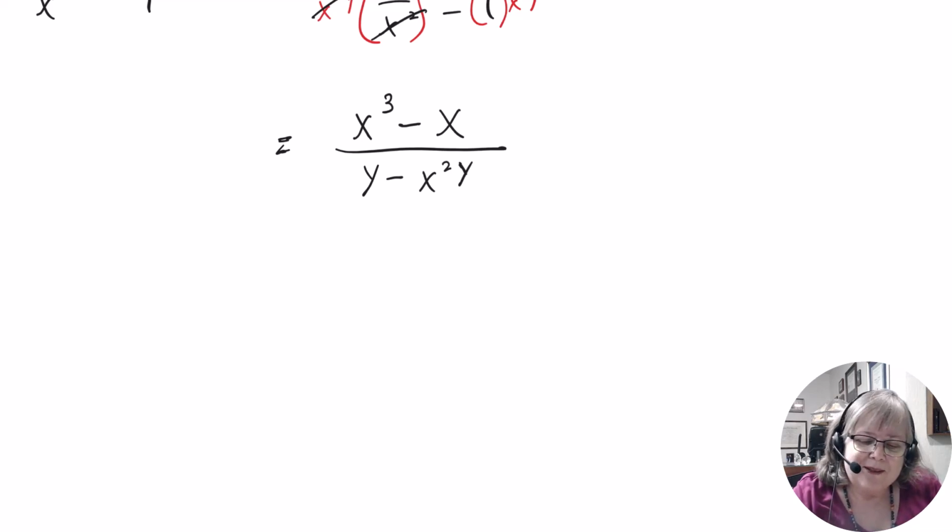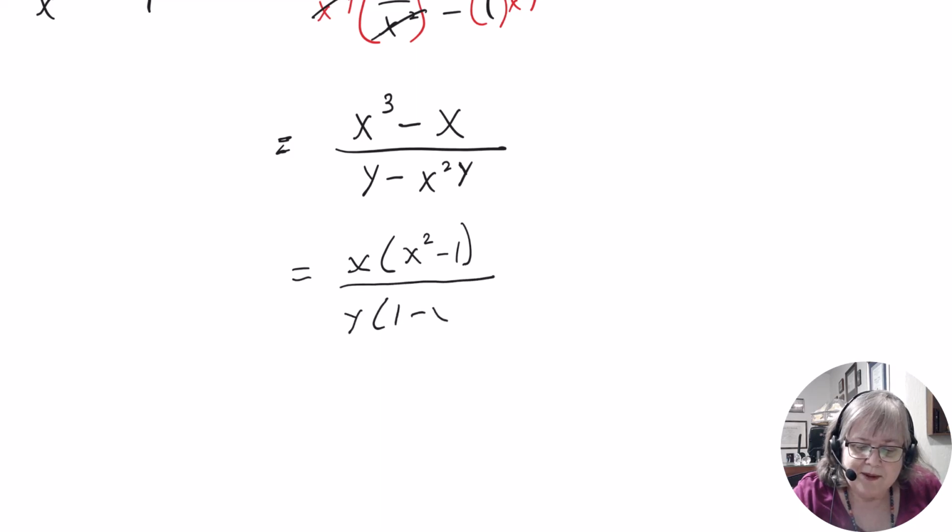Now, you look at this and go, there are some x's in common in the numerator. There's a y in common in the denominator. I better take another look at this. So let's see. X could factor out of the top, and that would be x squared minus 1. And y could factor out of the bottom, and that would be 1 minus x squared.